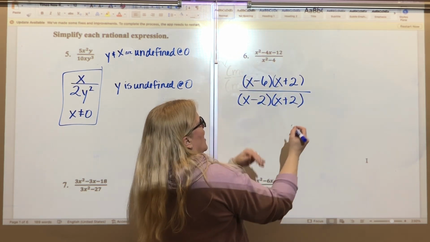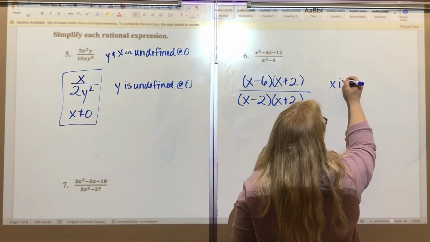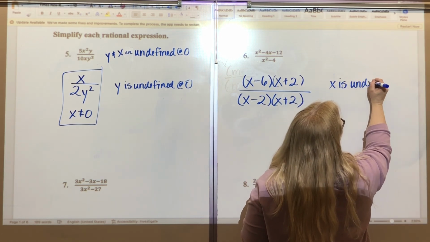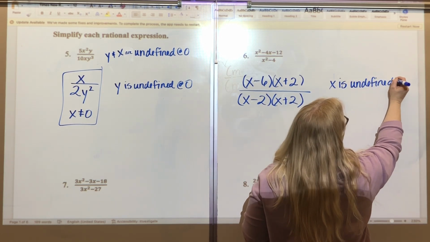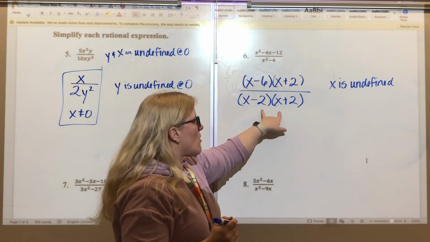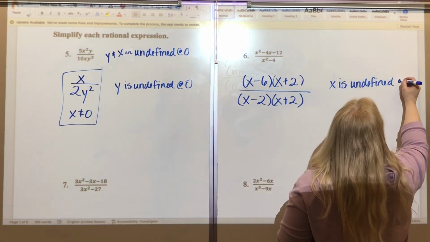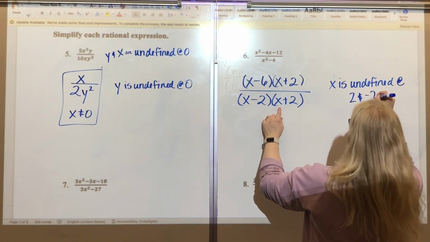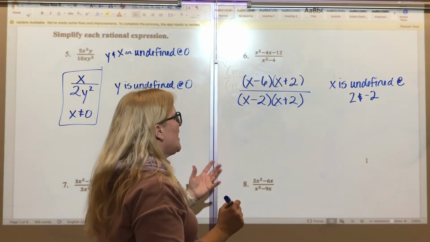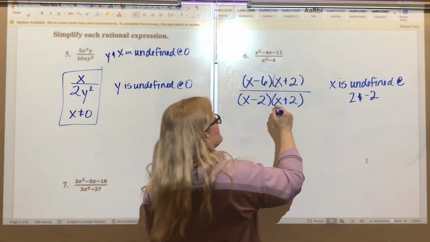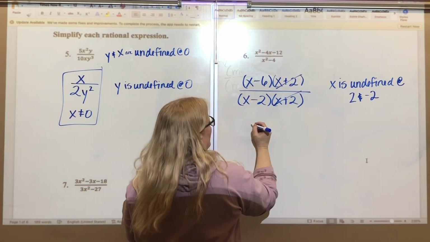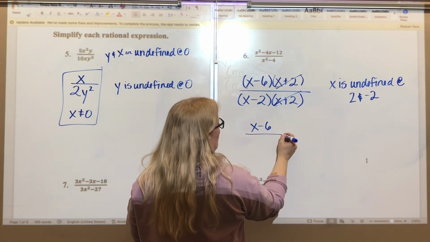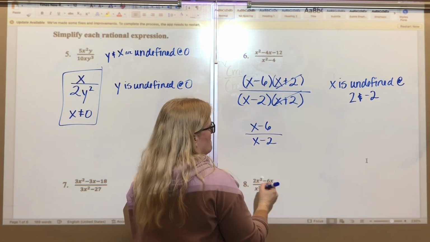Now here, I see that what values of x make this 0 is at 2 and negative 2. Okay, now I can slash, and I'm left with x minus 6 over x minus 2.